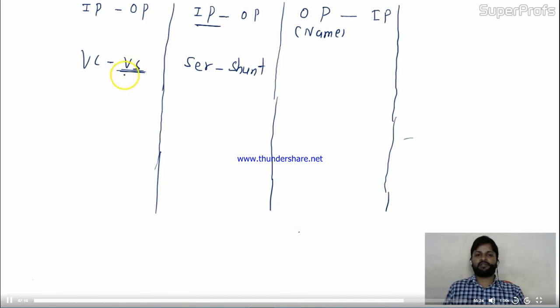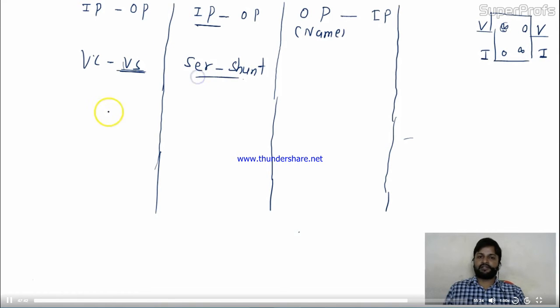Is it okay to you? Shunt means R is 0. If you remember that formula or that diagram: infinity, 0, 0, infinity; voltage, current, voltage, current. So voltage, voltage, infinity, 0, series, shunt.